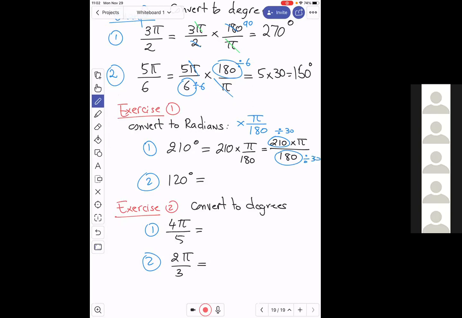It's divisible by 30 because 21 is divisible by 3, and 18 is divisible by 3. So that's why both of them are divisible by 30.